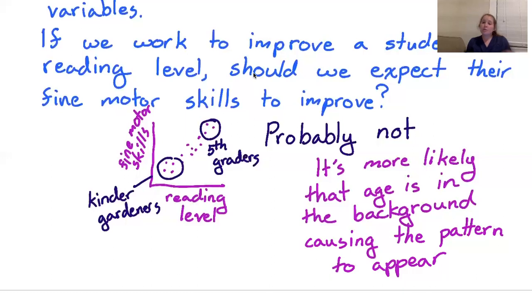Now, the reason this is one of my major warnings, causation versus correlation, is that this is an aspect of statistics that gets used incorrectly and can have major consequences if people don't understand the difference between causation and correlation.